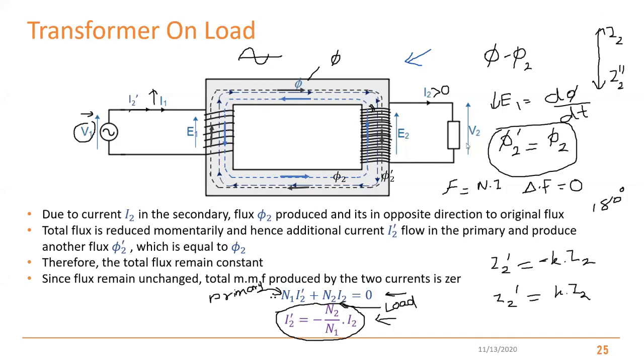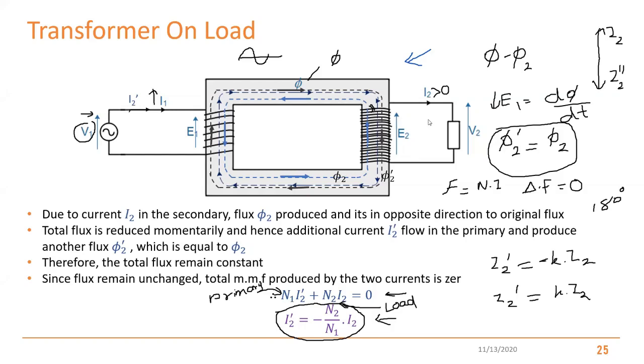That is the basic idea you have to get about the transformer on load. At no load condition there is no load current flow. That means I2 is 0, therefore no magnetic field is produced by the secondary. However, in load condition there will be some positive current flow in the secondary.